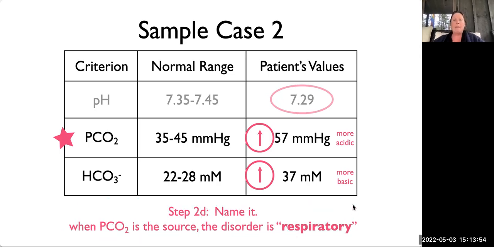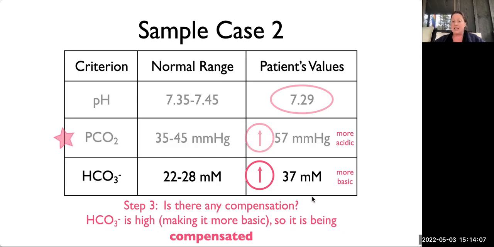Okay. Now we have to figure out whether this is being compensated. So if we look at the other value, the one that's not causing the problem, we're going to check and see whether it is trying to correct the problem or if it's doing nothing at all. If this were normal, we would say it's not compensating.